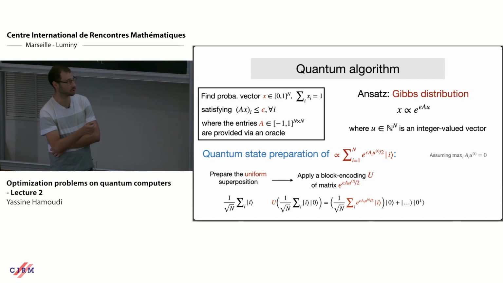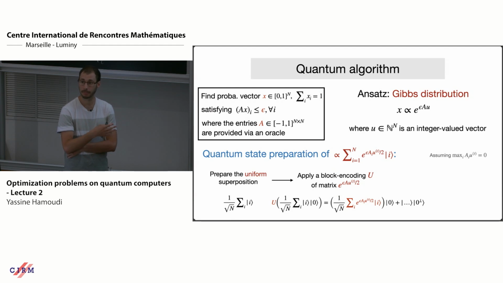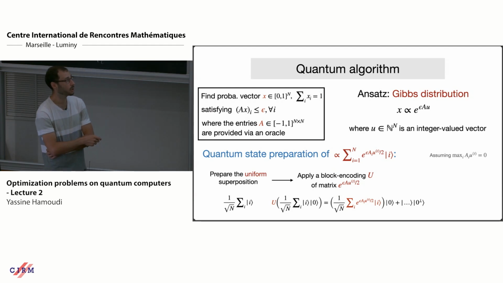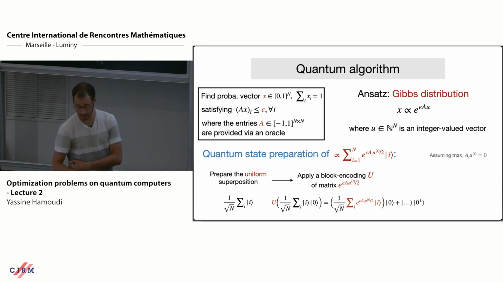Using what you saw yesterday, techniques like block encoding and quantum singular value transformation, which are advanced quantum algorithms for manipulating matrices, you can map the uniform superposition to something that contains the encoding of the Gibbs distribution into the phase, up to some garbage state. This is something non-trivial to do, again based on some advanced algorithmic technique.